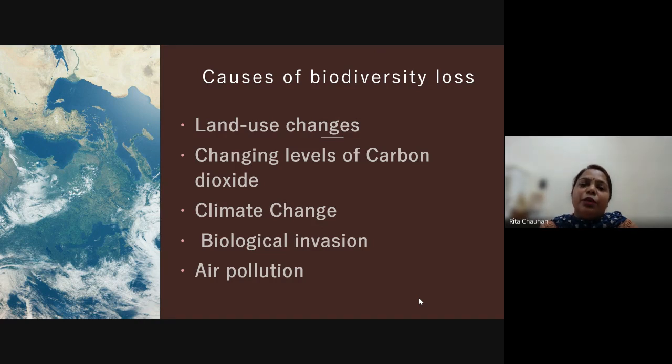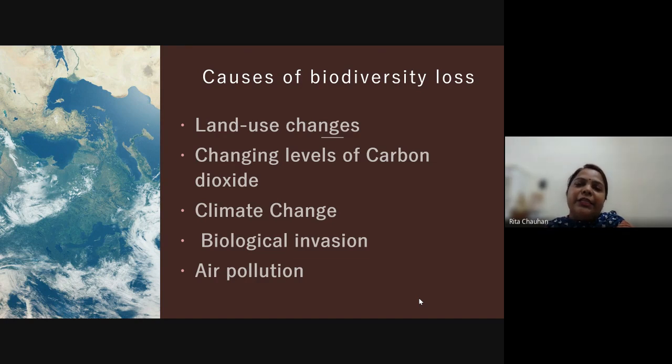Because we need more development, we are clearing forest land and converting it into other land resources. When we destroy the forest, biodiversity is lost.